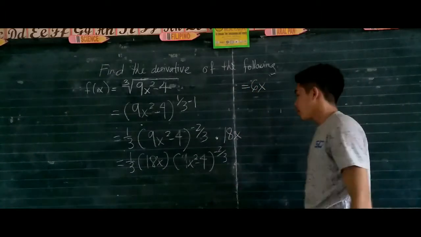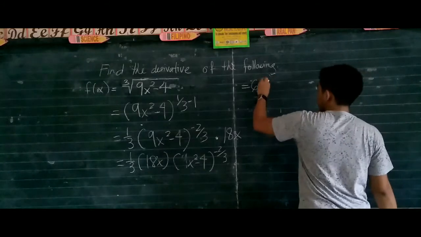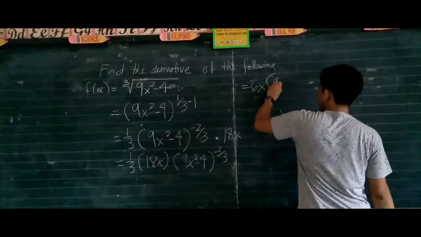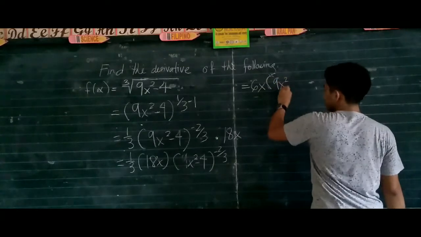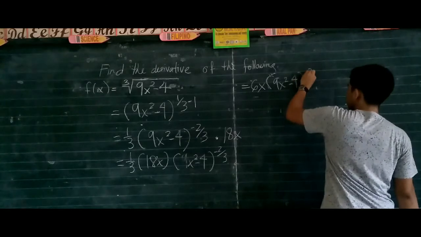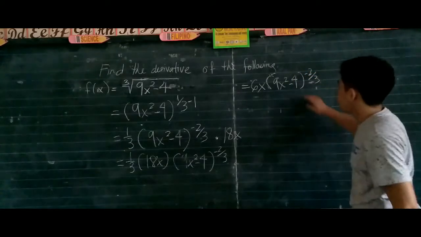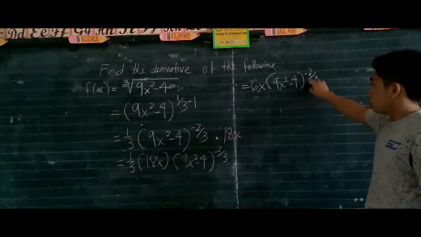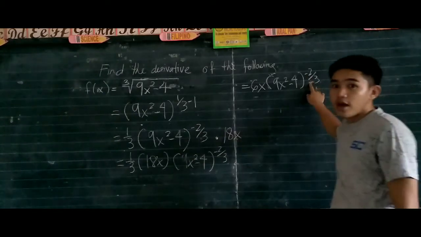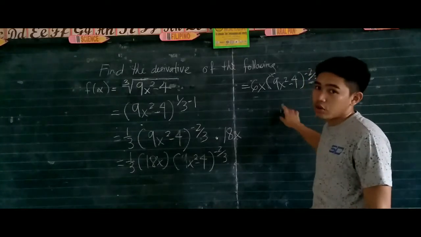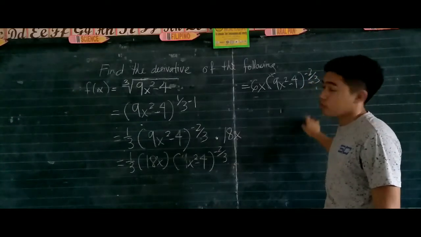Then copy that 9x squared minus 4. And we have this one. So since the exponent here is negative, we have to bring it down and put it in a denominator in order to change the negative into positive.